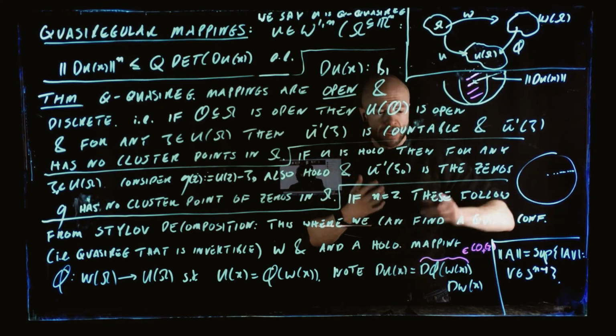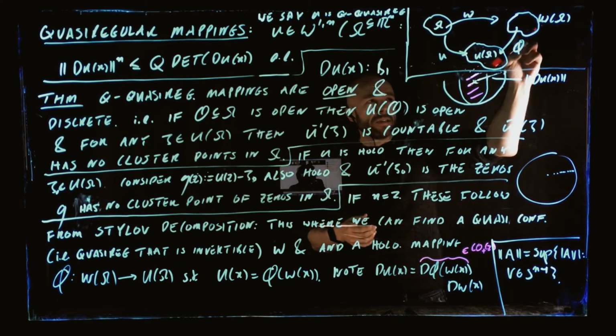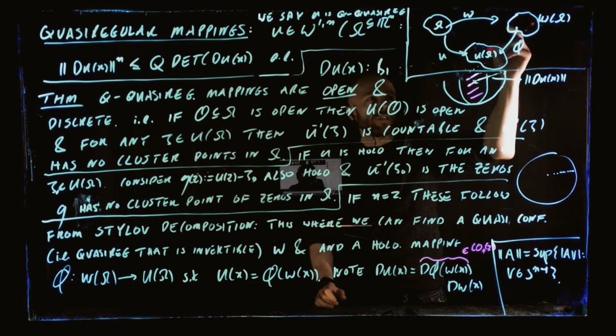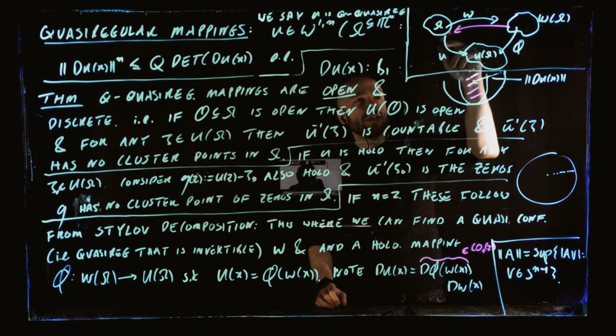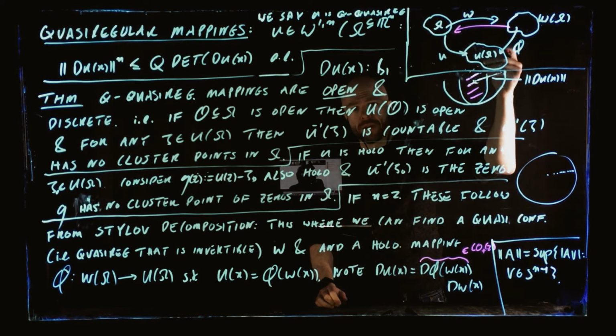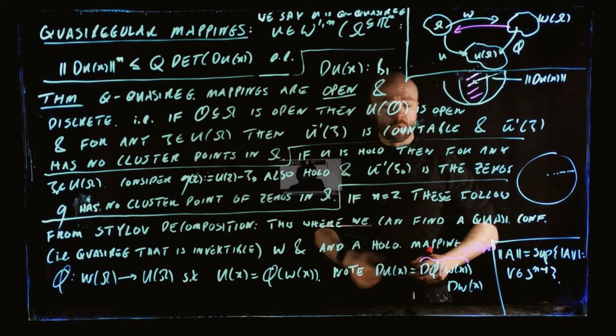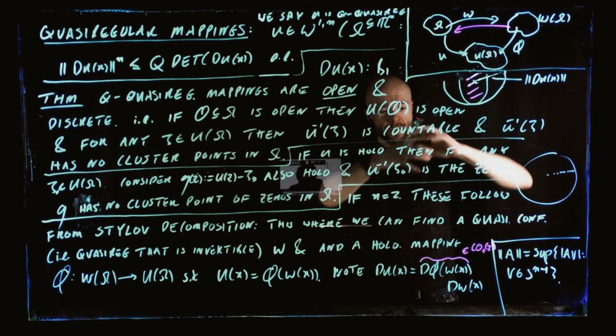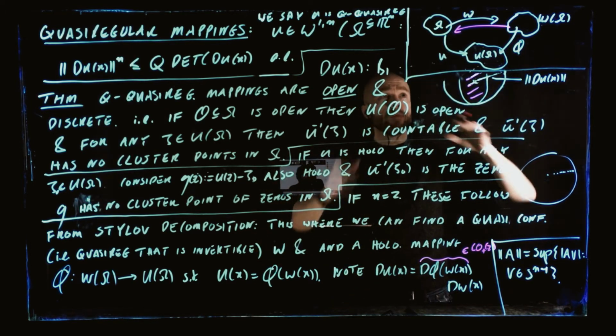But if we can find such a W, then it's not surprising that we have a holomorphic mapping, because we can just go back like this. We can go like this and then like this, and that's how we define the holomorphic mapping. And such a mapping from here to here will indeed send the unit ball to something of the shape of a ball.